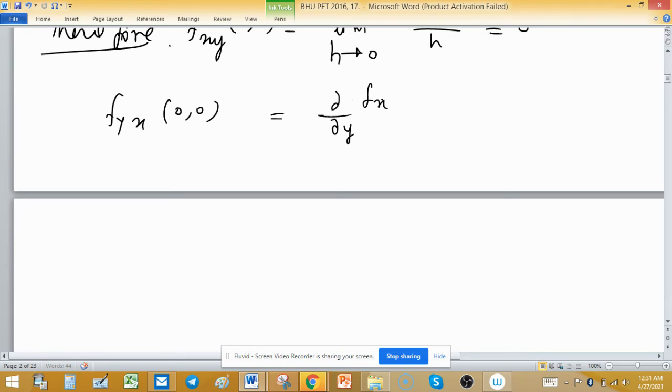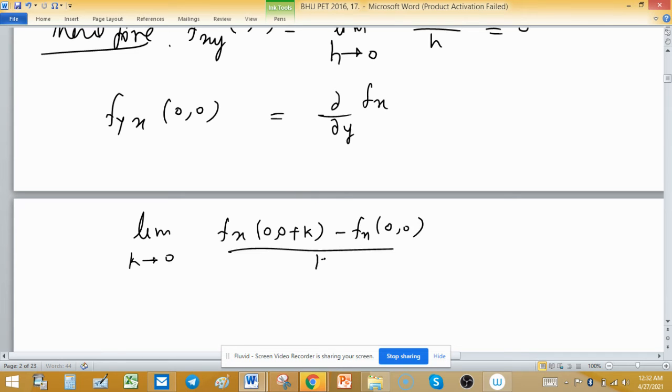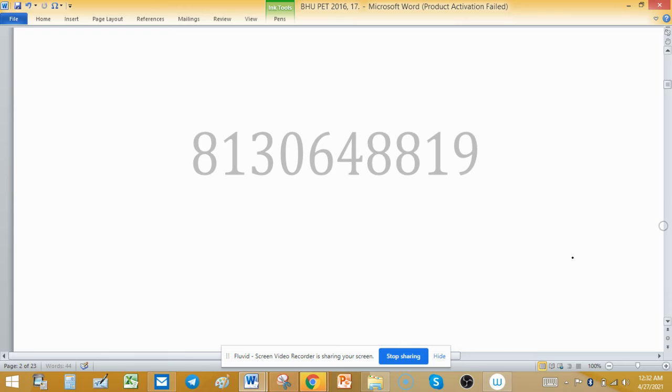So you can write limit k tends to 0, and the function is f_x, so f_x at (0, 0 plus k), because the point is (0,0), minus f_x at (0,0), divided by k, and this is the limit as k tends to 0 of [f_x(0,k) minus f_x(0,0)] divided by k.